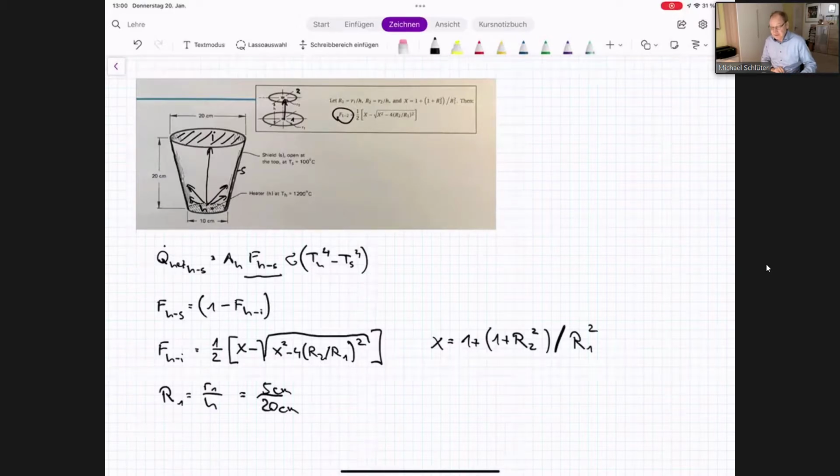So this is 0.25, and R2 is R2 divided by h, which is, as you can see here, 10 centimeters divided by 20 centimeters, and this means this is 0.5.